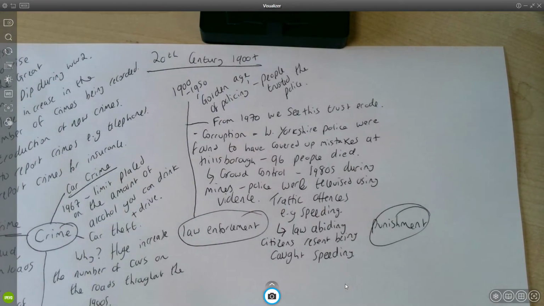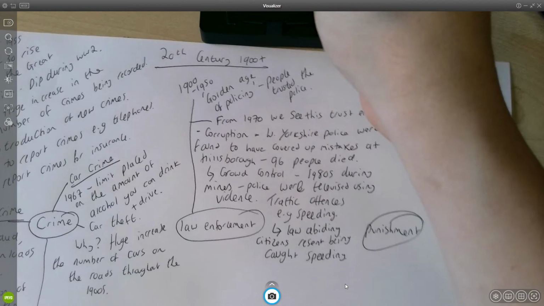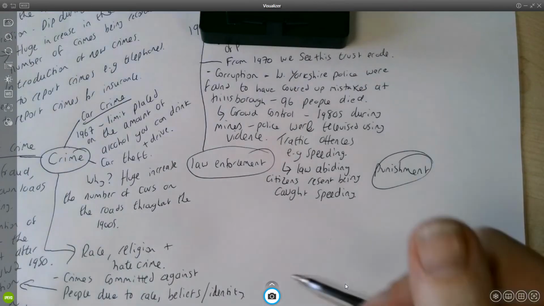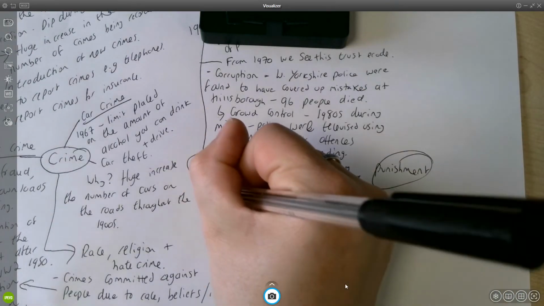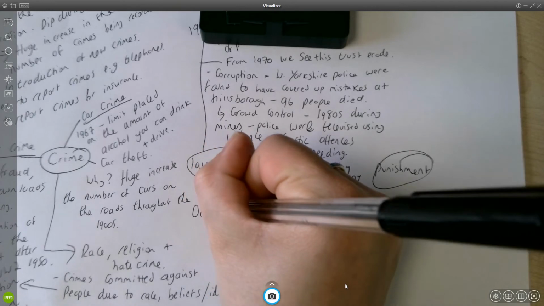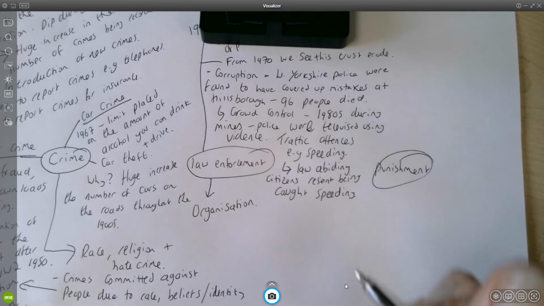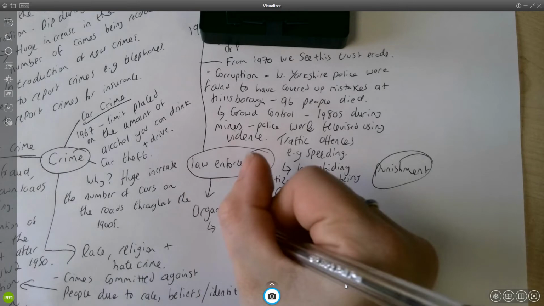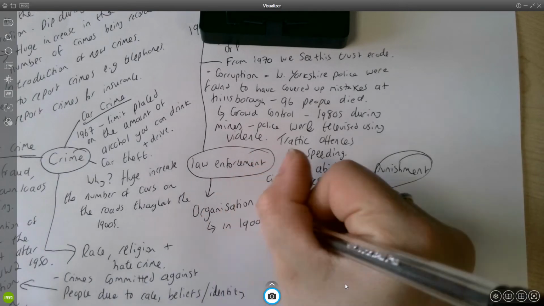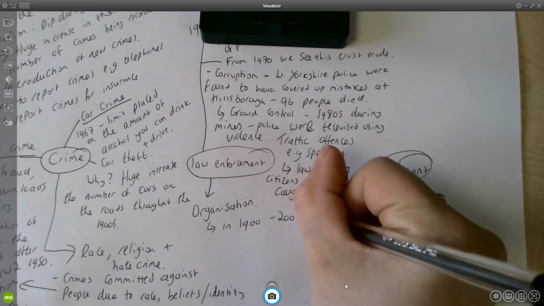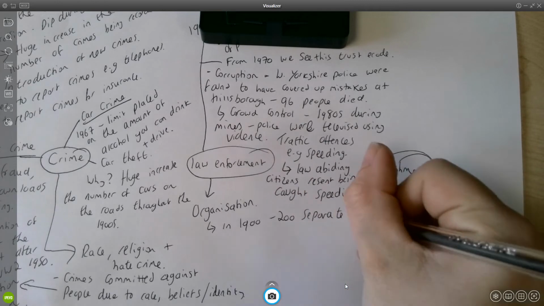There are changes and developments within the police force. So, for example, there's changes to the organisation. In 1900, there were 200 separate police forces.